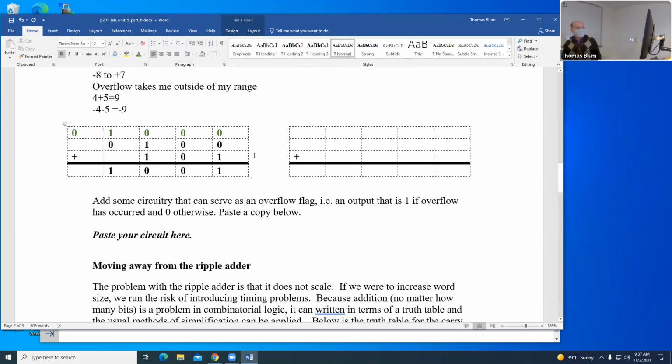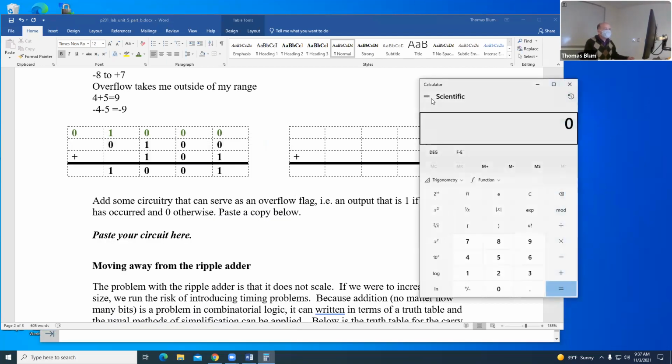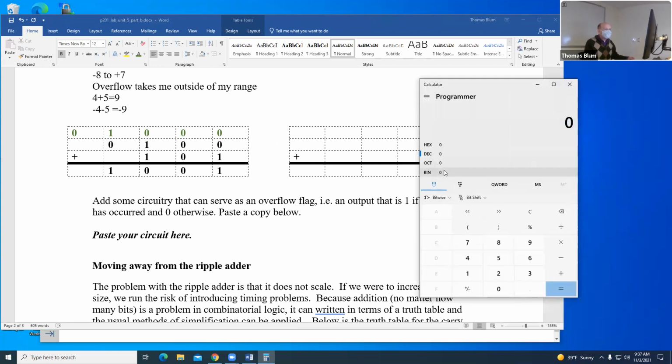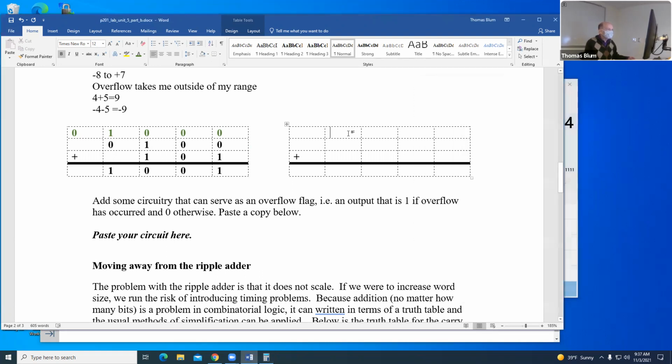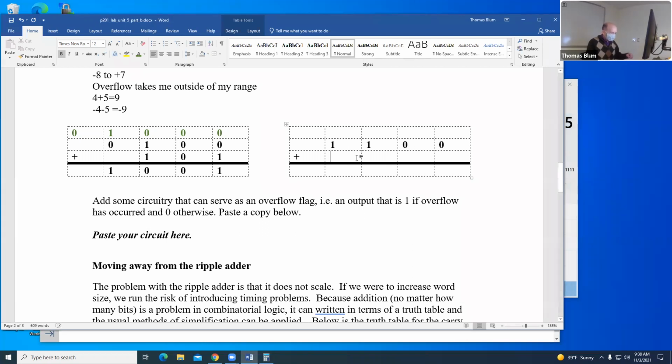And now I have to find -4 and -5, so I will cheat. Always cheat when you can. So here's my calculator, here's my programmer mode, put in 4 negative, it's 1100. 1100 is -4. -5 is 1011.